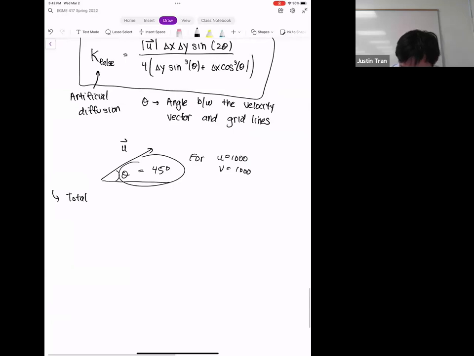And so the total diffusion coefficient is simply the sum of the original diffusion and this false one.